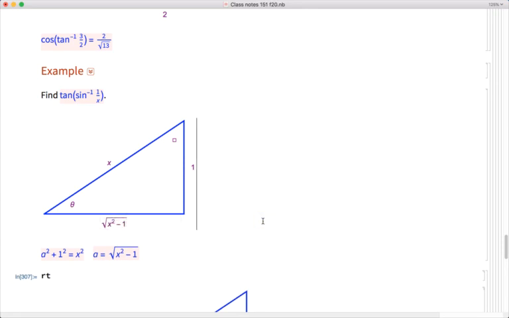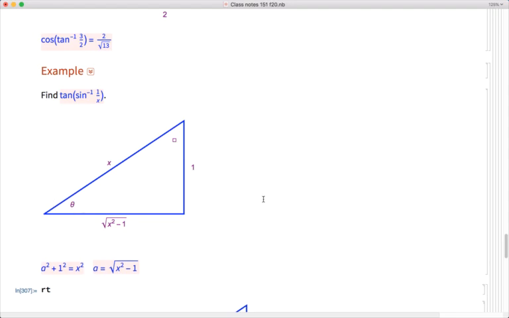Right. And now having constructed this angle, now we take its tangent. I'll go ahead and just call it theta at the moment. That would be 1 over the square root of x squared minus 1.